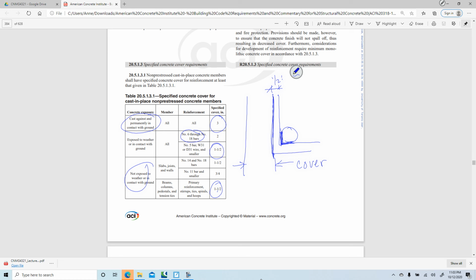So the distance to your longitudinal reinforcement would be 1.5 inches plus 1/2 inch, so 2 inches, if that was a number 4.